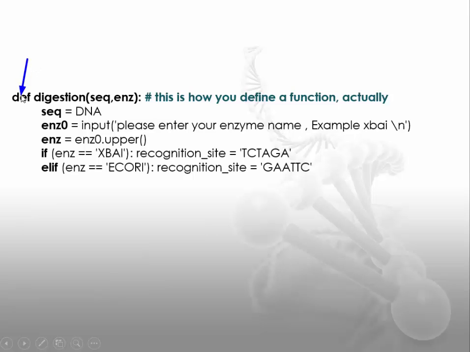So you write down def, name of your function, and the parameters. So you have these parameters here to use them later on. The seq parameter is the sequence parameter that I'm going to use in order to contain the DNA sequence in it.